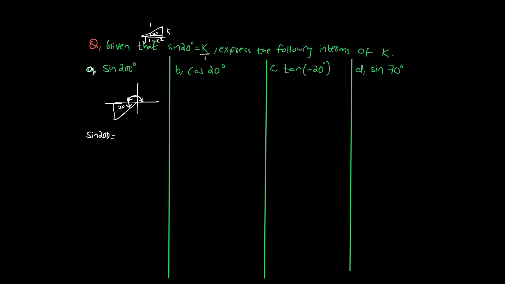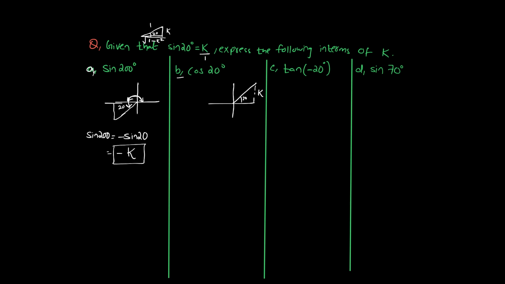So sin 200 would be negative of sin 20, and sin 20 is k, therefore sin 200 is minus k. In the second part, you are being asked to evaluate cos 20. So your angle is in the first quadrant, 20 degree, where this value is 1.